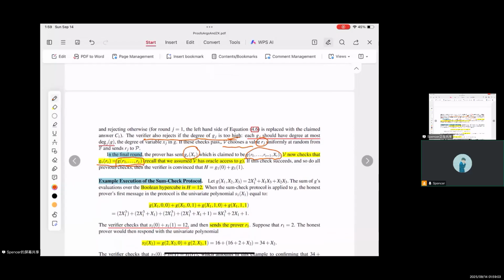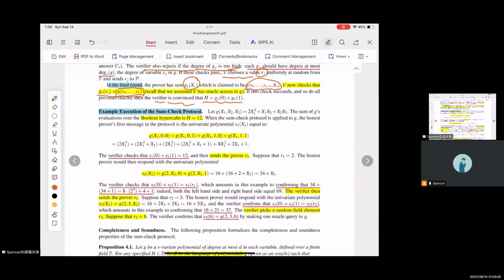If this check succeeds, then the verifier is convinced that this holds, H equals g10 plus g11, so there will be no problem.